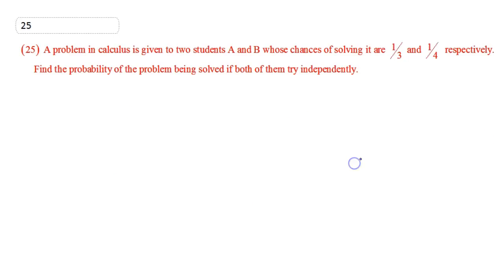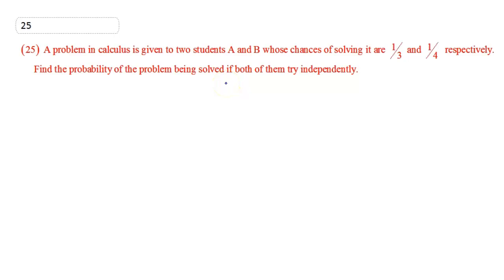Okay. Now go for question number 25. So here the question is, a problem in calculus is given to two students A and B whose chances of solving it are 1 by 3 and 1 by 4 respectively. Find the probability of the problem being solved if both of them try independently.